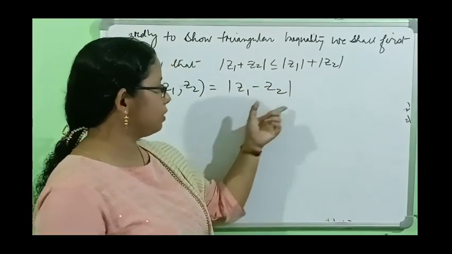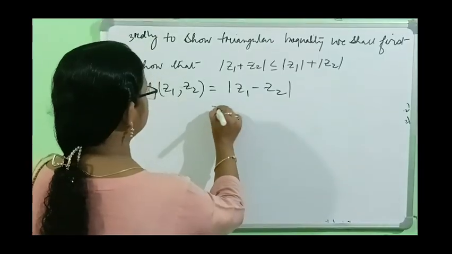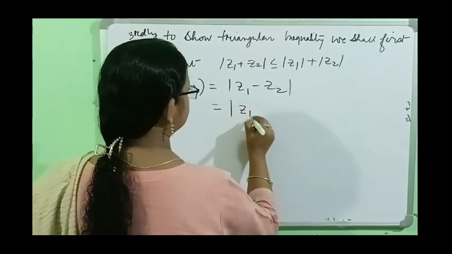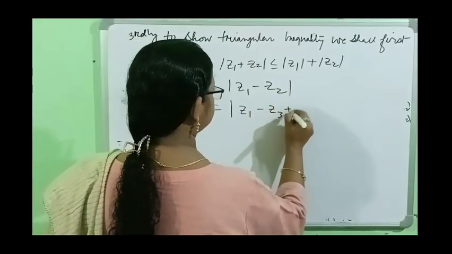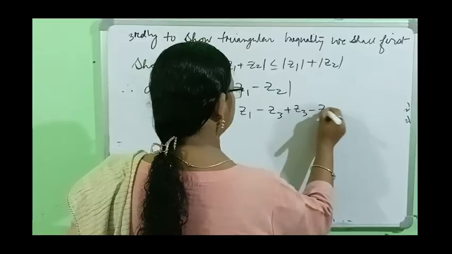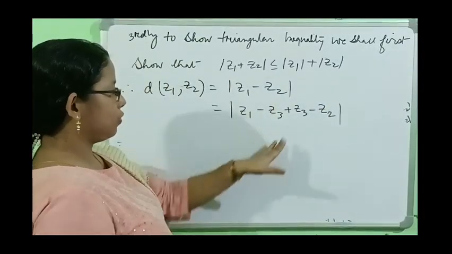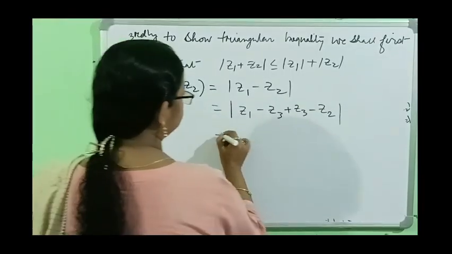I am adding and subtracting the same quantity, that is z3. It will not affect this equality, so z3 cancels out.